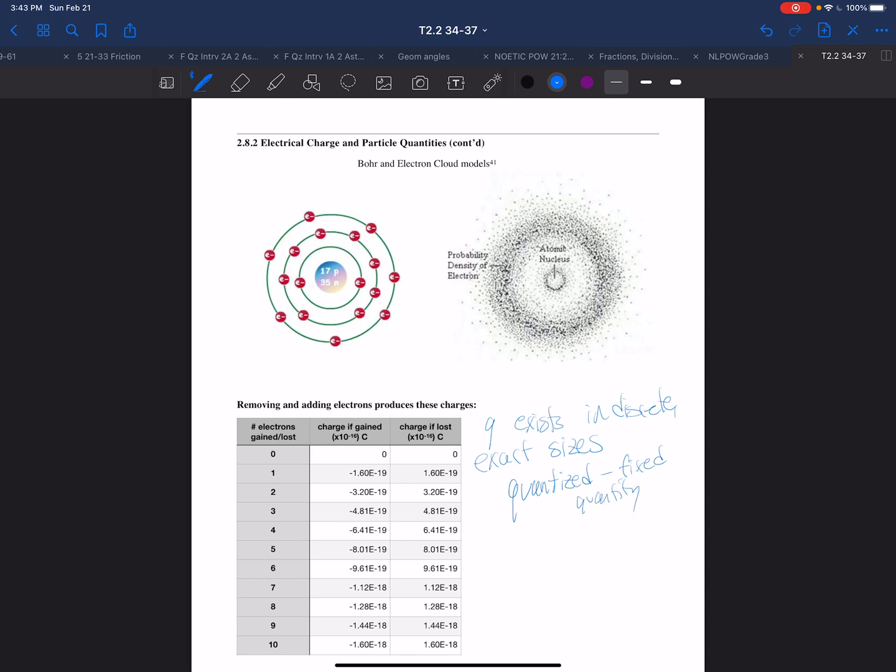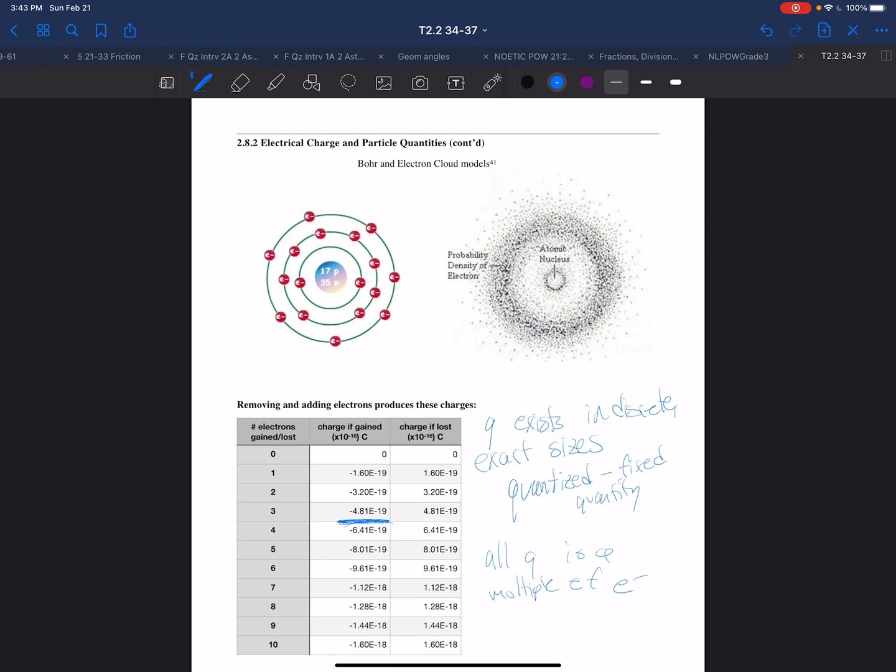The result then is that all charge is a multiple of e. It is not possible to have a charge of 5 times 10 to the minus 19th coulombs. It's not possible. You have a certain size building block, and the things you can build are only multiples of that size.